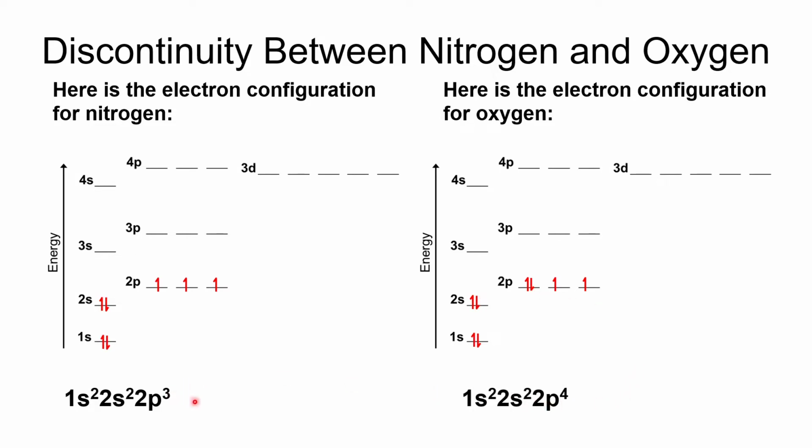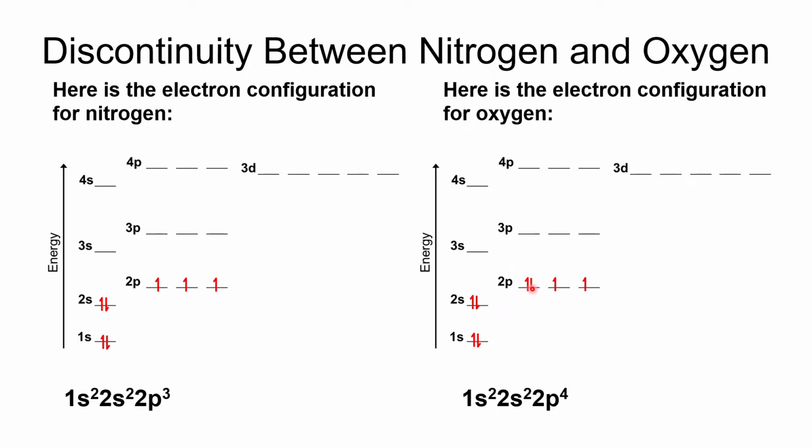Now that we've done that, we can see that in nitrogen, we have a halfway filled subshell. The 2p subshell is halfway filled. And in oxygen, the 2p subshell is more than halfway filled. We've got that additional electron. So it's going to be a little bit easier to remove that electron because there are repulsive forces between that electron and the other electron in that orbital.